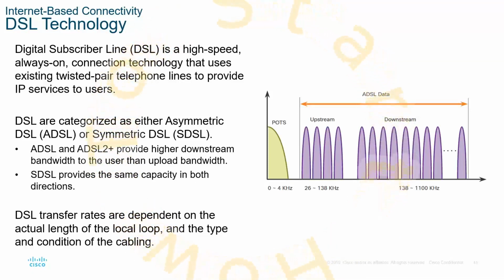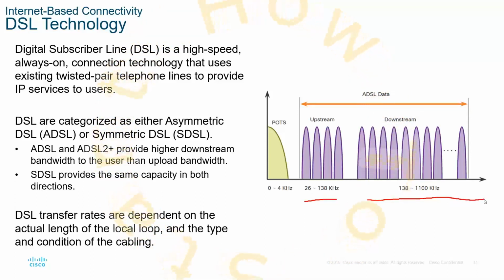ADSL provides higher downstream, and it doesn't provide the best upload, but it can. SDSL provides the same capacity in both directions, up and down. With ADSL, they shrink the upload so you can have more downstream. Again, that's for ADSL. If we're talking SDSL, our up and down would be identical.